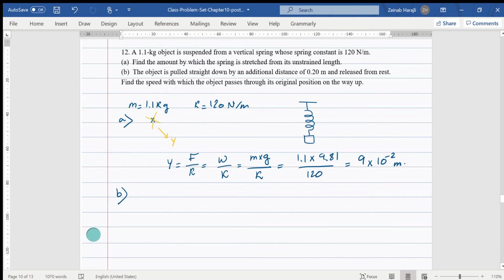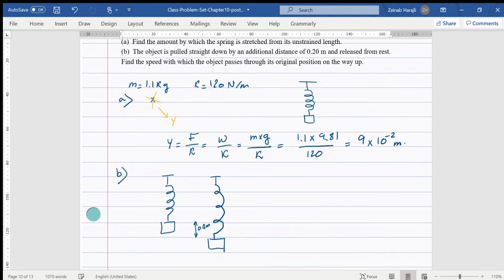So in part B, we are told that we elongate the spring with an additional 0.2 meters, and we want the speed here, basically.